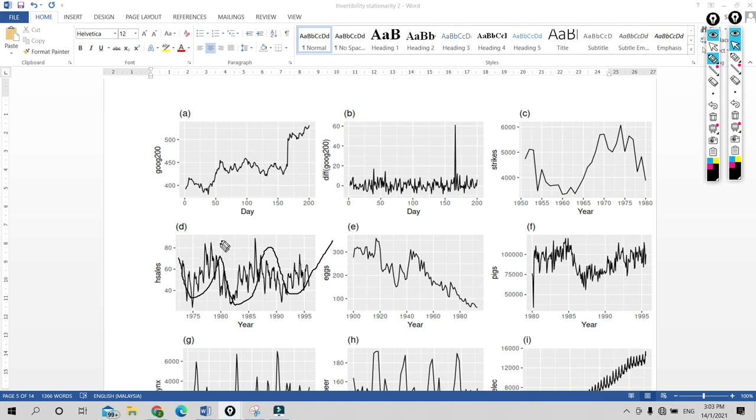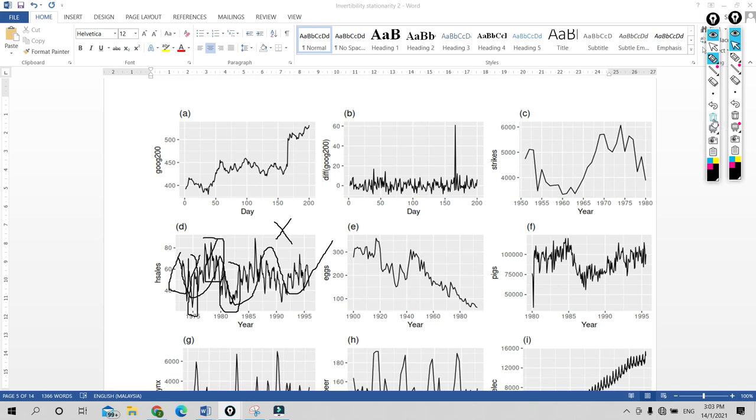This part we consider a small variance, but in this case it is a very large variance, and here is a very large variance, and this one also a large variance. This cannot be considered as stationary because we have an inconsistent variance.